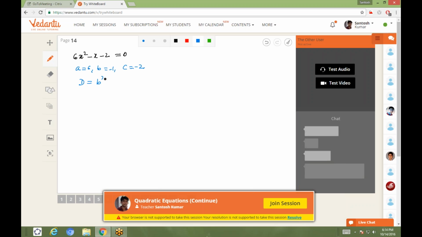B square minus 4ac, so it will be 1 minus 4 times 6 times minus 2, which is 1 plus 48, which is nothing but 49. So this value is greater than 0.